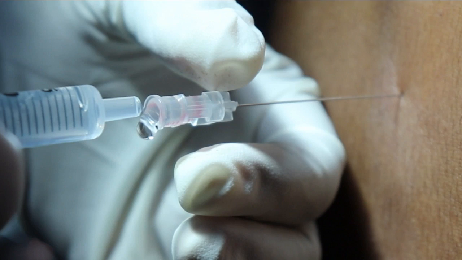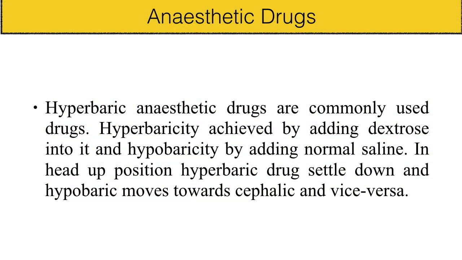And what kind of medicines may we use? Based on the gravity of the medicine, these are classified into hyperbaric, isobaric, and hypobaric drugs. Hyperbaric anesthetic drugs are the commonly used drugs. Hyperbaricity is achieved by adding dextrose, and hypobaricity by adding normal saline.